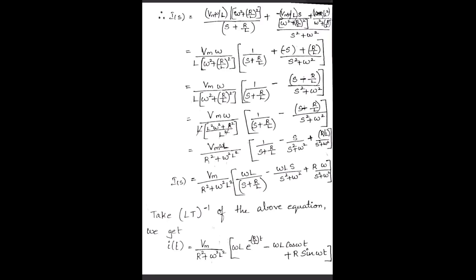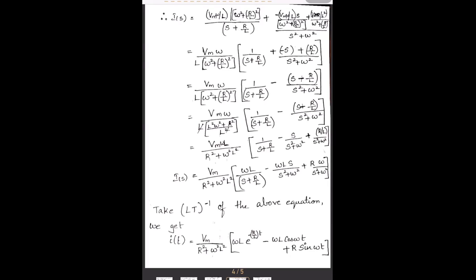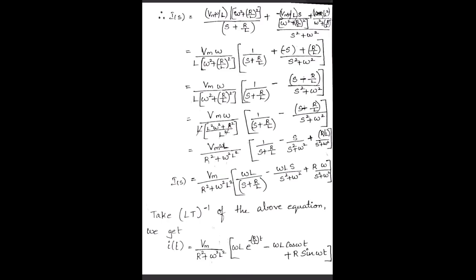So V m omega by L into omega squared plus R by L the whole squared into the inside term will be, one term will be 1 divided by S plus R by L, and the next term will be minus S, and the other term will be plus R by L, because here V m omega by L squared is present in the term. So you have taken V m omega by L outside, so the remaining leftover is the R by L term over here.